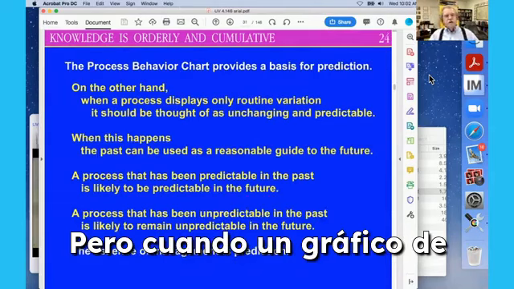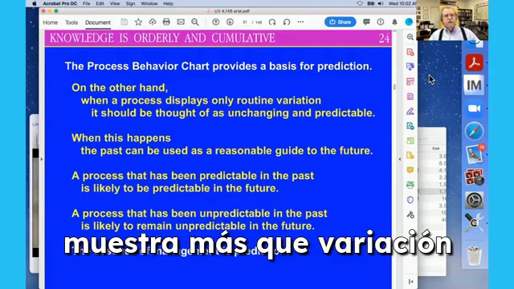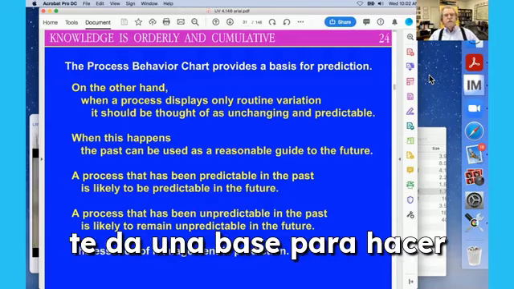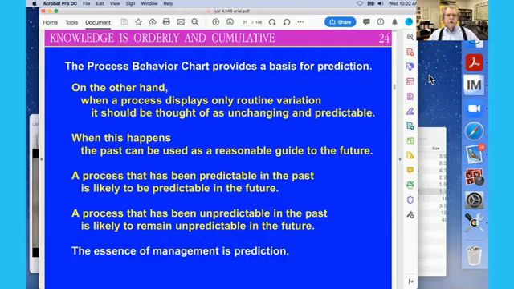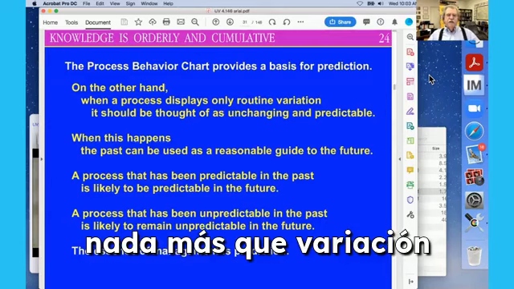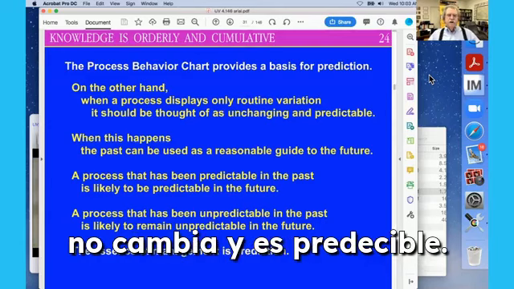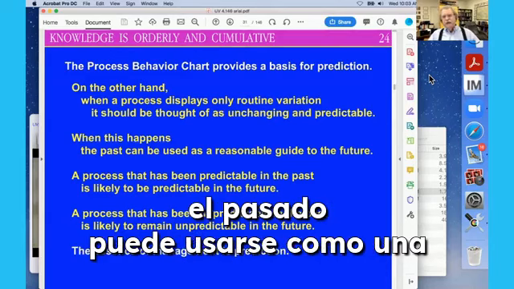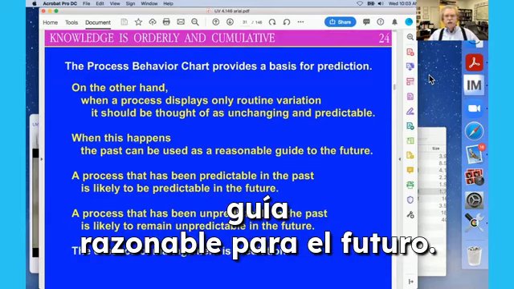But when a process behavior chart shows nothing but routine variation, it gives you a basis for making predictions. With nothing but routine variation, your process is going to look like it's unchanging and predictable. When this happens, the past can be used as a reasonable guide to the future.